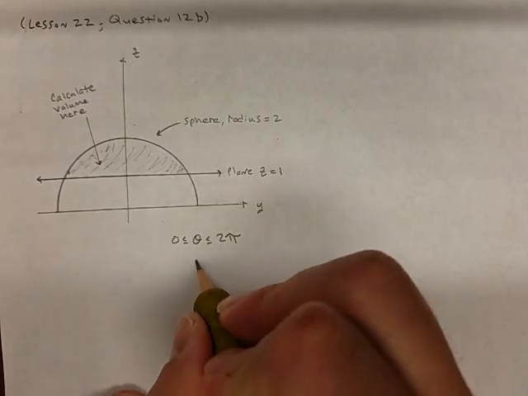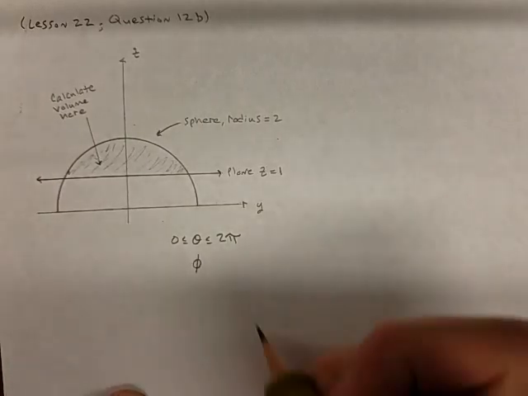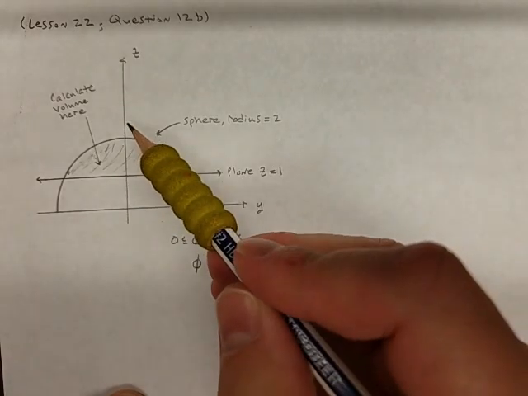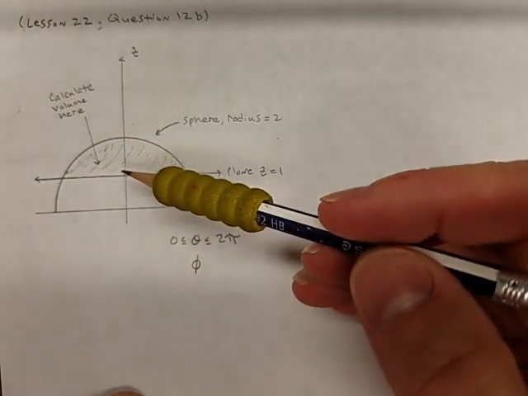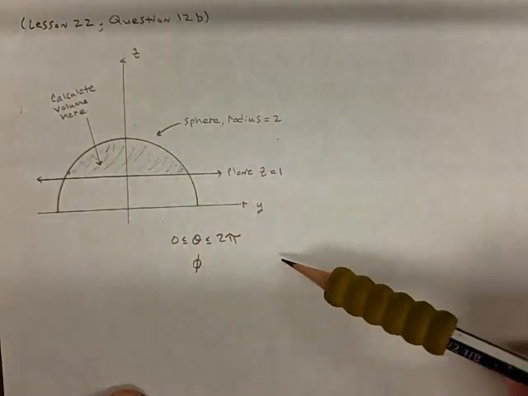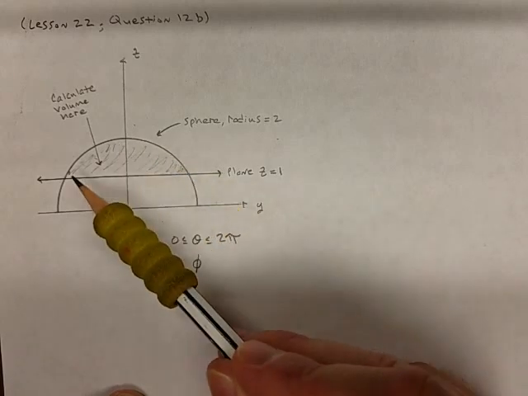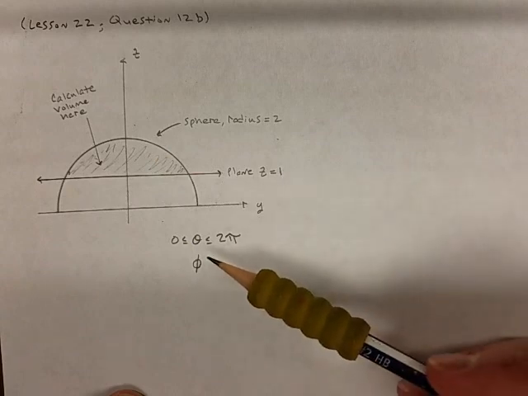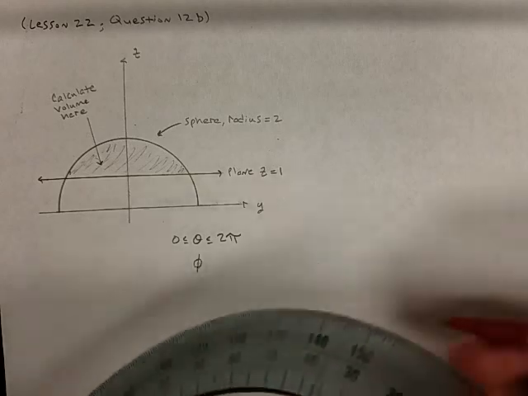The next one I'd like to do is phi. What's phi? In spherical coordinates, phi is a rotation away from the positive z-axis. So if you were on the z-axis, phi would be 0, and then you rotate away from it wherever you want, and whatever that angle is, that's phi.